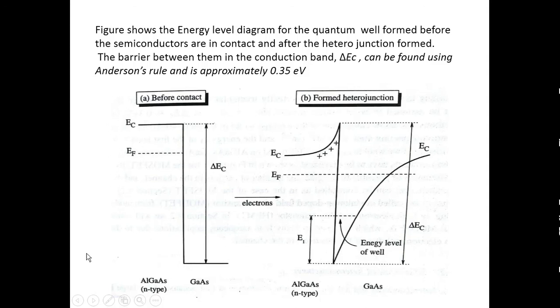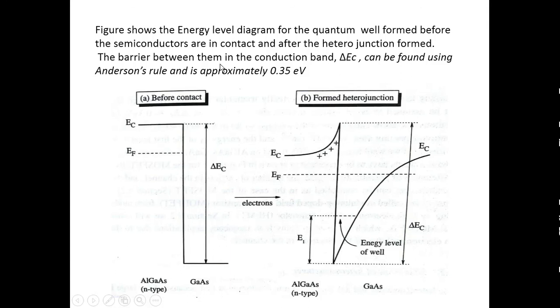Previously it was straight, isn't it? Now for gallium arsenide it is like this. This is the conduction band energy, and this is the band structure for the conduction band in the case of aluminum gallium arsenide.